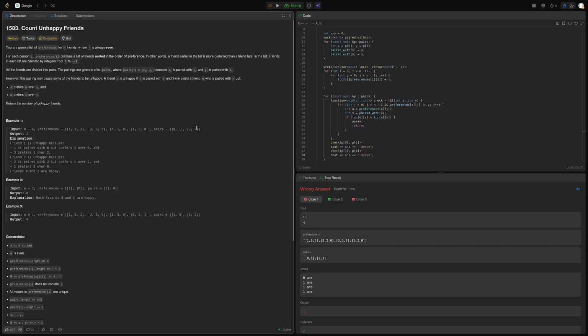Three is paired with 2, but prefers 1 over 2. Okay, so that's here, and 1 is paired with 0, but prefers X over 0.